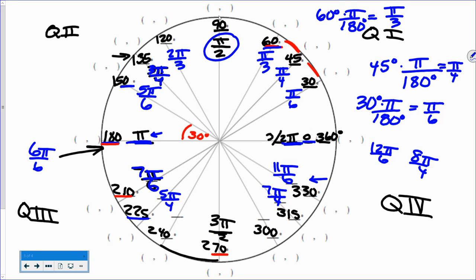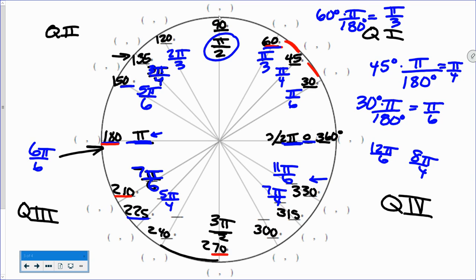All right, we have our last 2 angles here. So both of those would be, this is 60 degrees away from my 180. And then this one is also 60 degrees away from my 0 or my 360. So both of those will have the same exact denominator as every 60-degree angle.